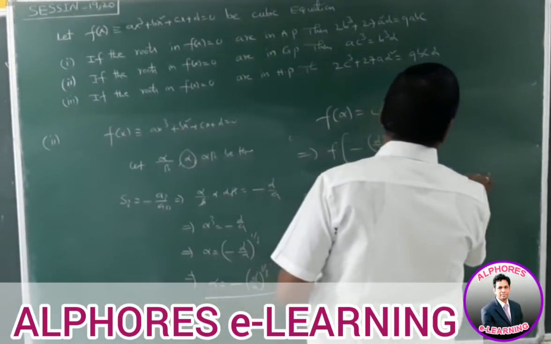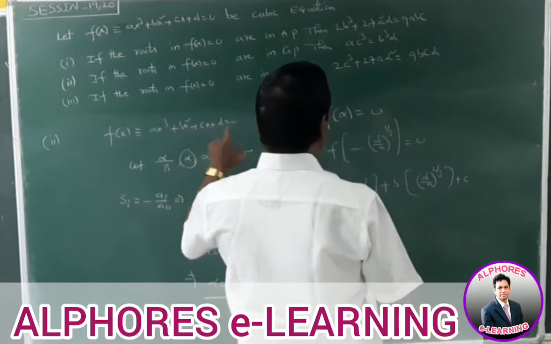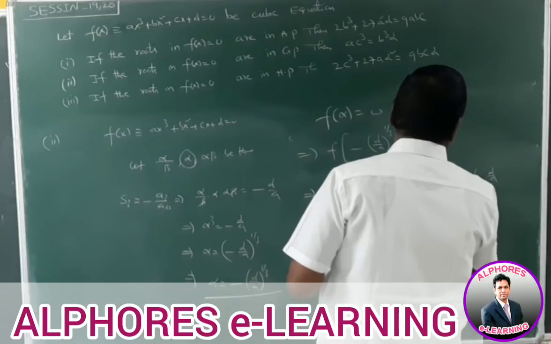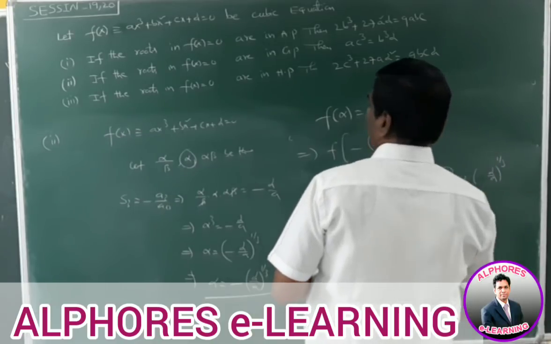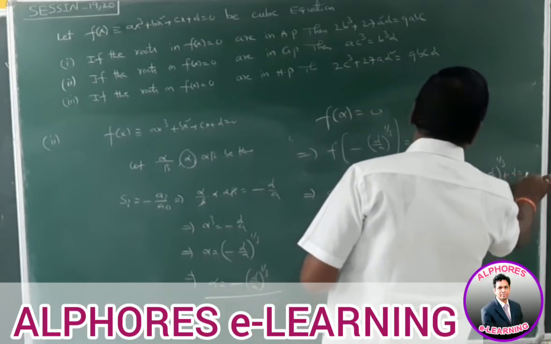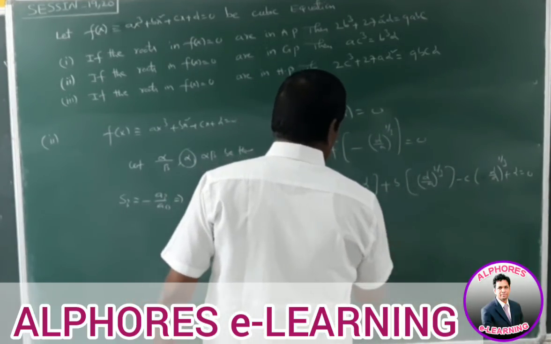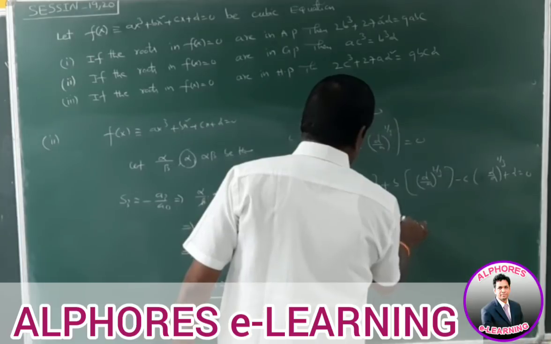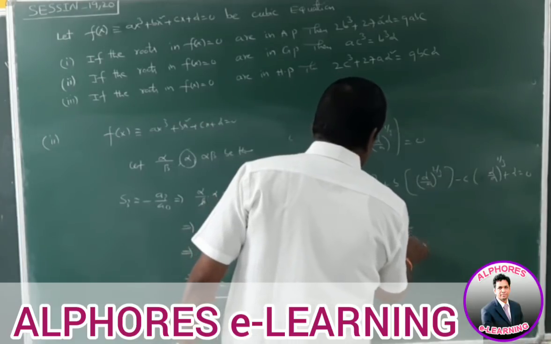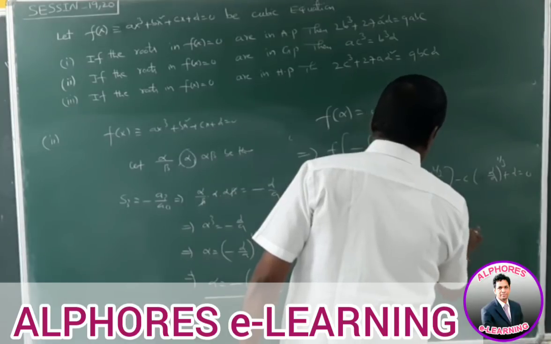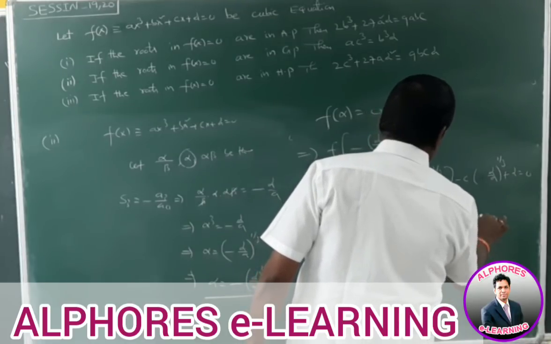Next, plus C of minus D by A whole power 1 by 3, next plus D is equal to 0. Okay, that means A cancels, minus D plus B into D power 2 by 3 by A power 2 by 3 minus C into D power 1 by 3 by A power 1 by 3 plus D is equal to 0.